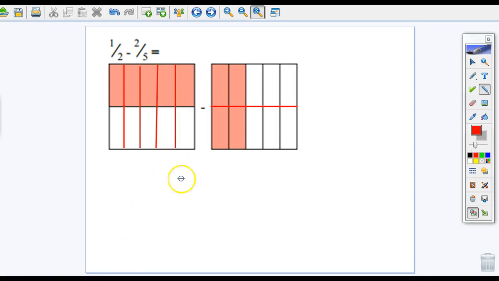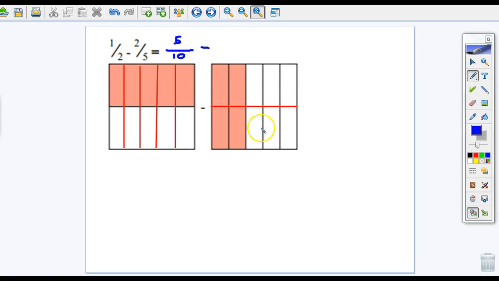Beautiful. So now I have similar looking pictures, right? This is my 1/2. We're going to write it as a new fraction, which now is made out of 1, 2, 3, 4, 5, 6, 7, 8, 9, 10. So I have 10 pieces, and I have 5 shaded.